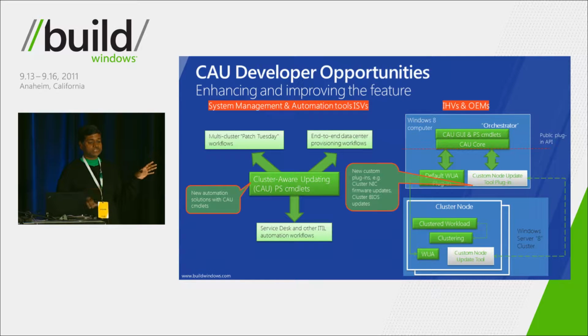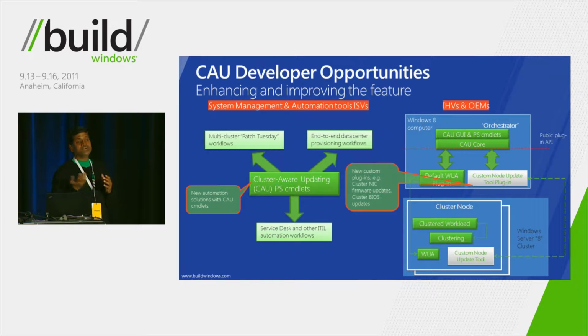The inbox tool ships with Windows Update Agent, so anything that's downloadable and installable via Windows Update Agent, such as WSUS, Windows Update, or Microsoft Update published patches, can all be installed with cluster-aware updating. But not only that, you could also bring in your own custom node update tool installed on each cluster node, for example, to update BIOS or firmware of HBAs running on cluster nodes, right?